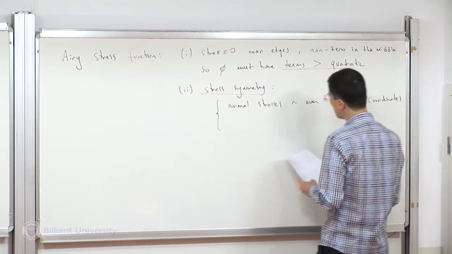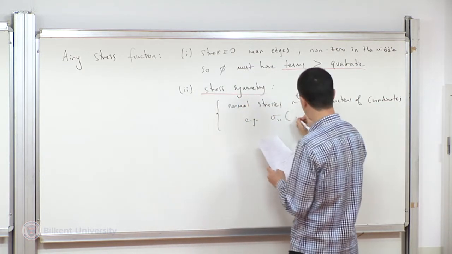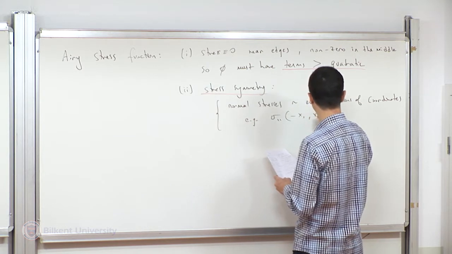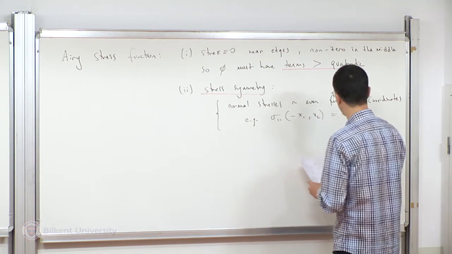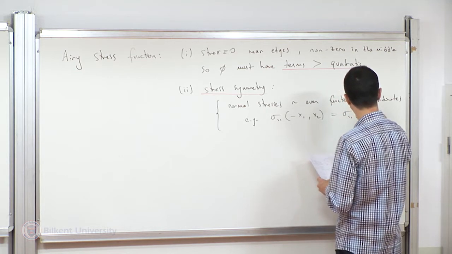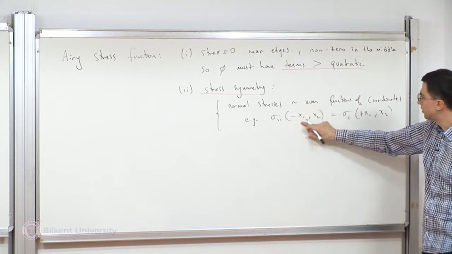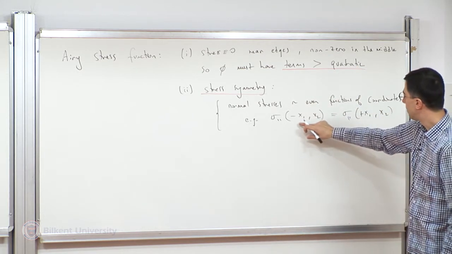An even function, remember, means that if I'm looking at sigma 1,1 at minus x1, x2, that should be equal to sigma 1,1 at plus x1, x2.